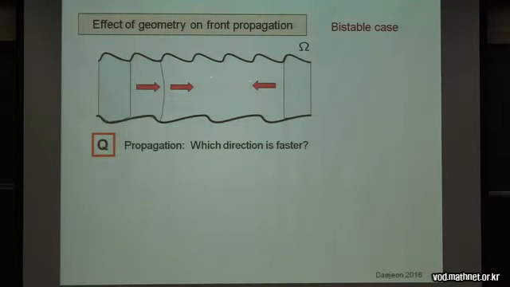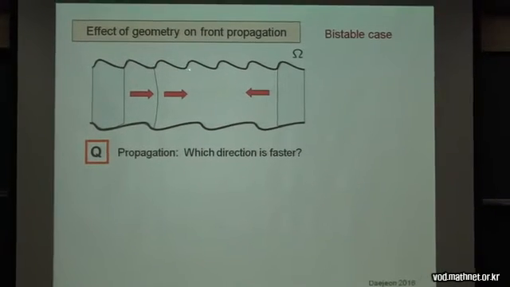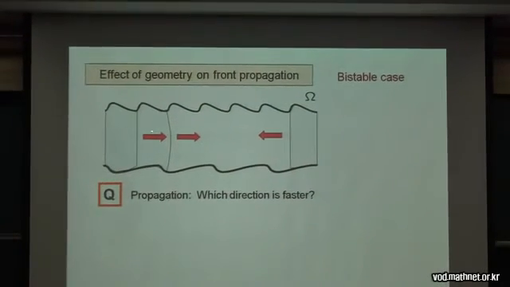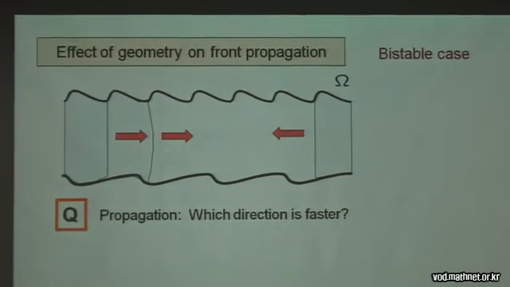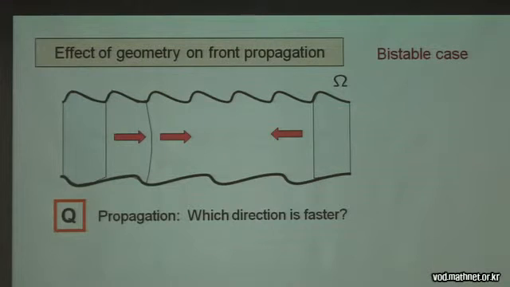So many people thought that if you try to move this way, you may be hit at this place. You will have more friction. And if you go this way, the friction is not that large. So moving rightward is faster, is the answer of 90% of the people.